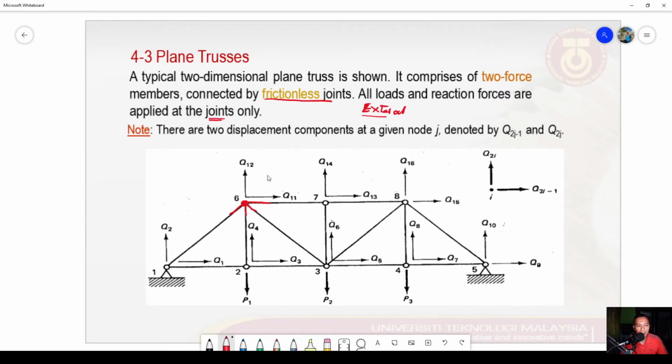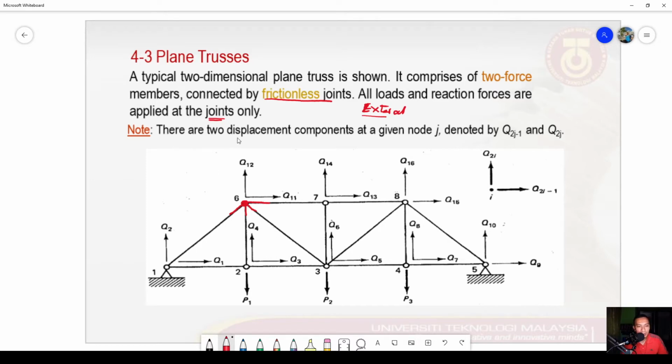So that means for dealing with plane trusses, all the external forces or loads and also the reactions will only apply on these joints. That means there will be no force or load applied on the elements or within these elements.